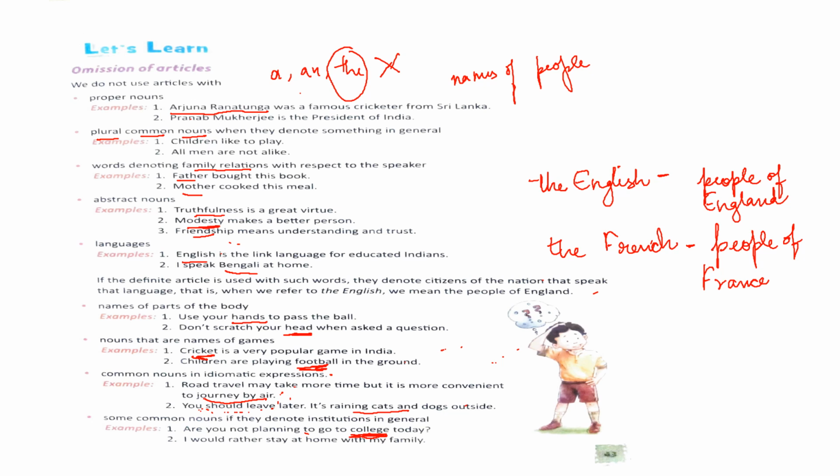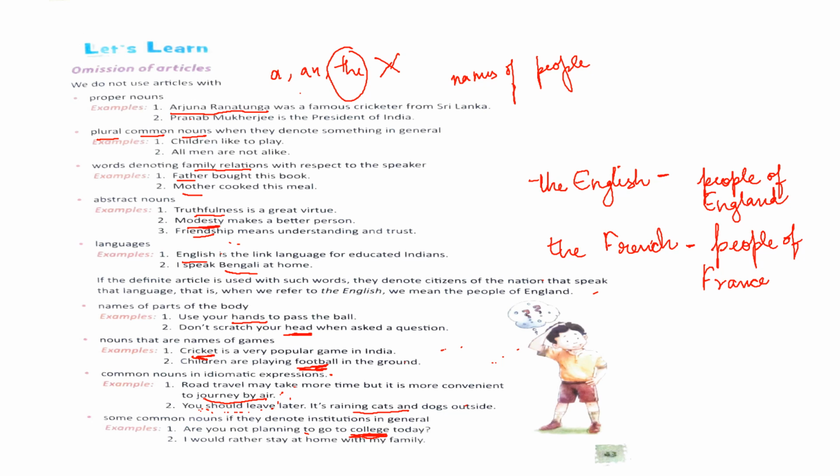You're not asking about a particular institution. You're speaking of it in general. So you will not say "Are you not planning to go to the college" or "a college." That would be incorrect. You're just asking in general.